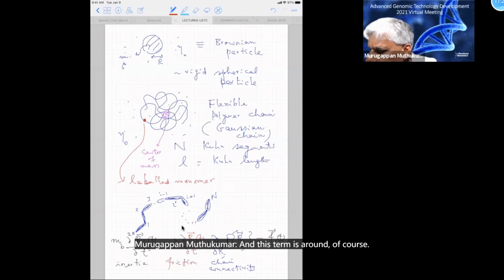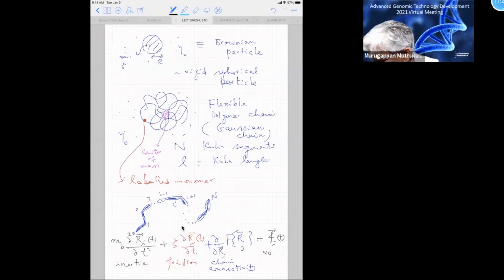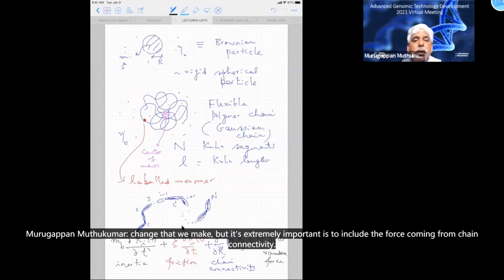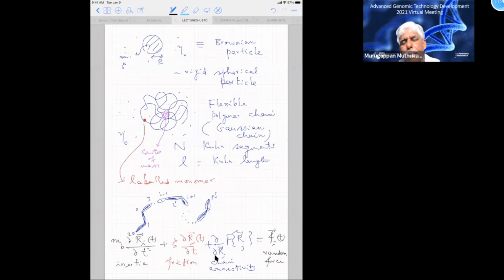And this term is the random force. So the only change that we make, but it's extremely important, is to include the force coming from chain connectivity.